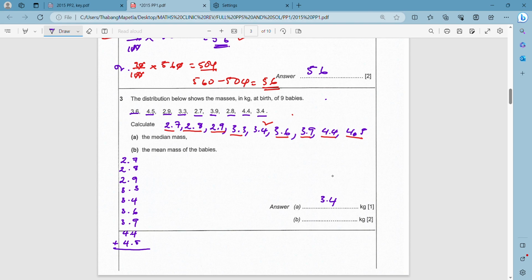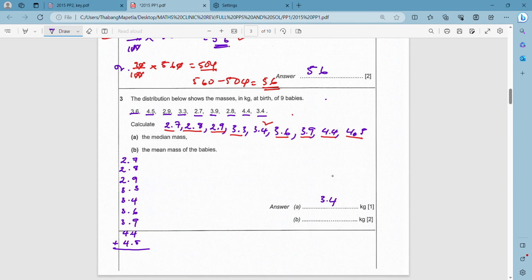We are adding all this. We can first add all numbers which are on the right hand side of the decimal place, which are those ones which are the first decimal place. So adding those, we're going to have 7 plus 8.